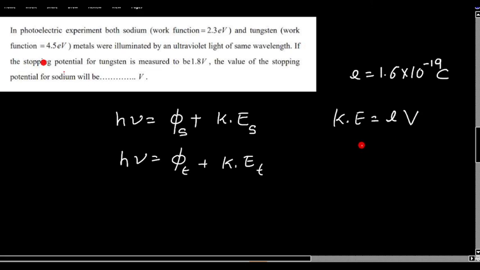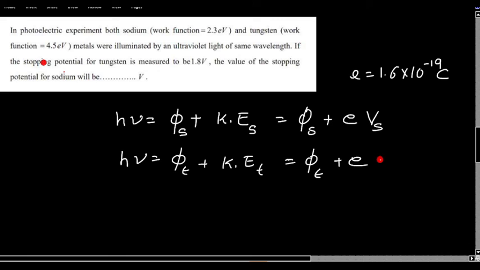Simply, if we replace this K with the respective stopping potential, then we get the relation phi s plus e V of sodium is equal to the work function of the tungsten plus e V of the tungsten.